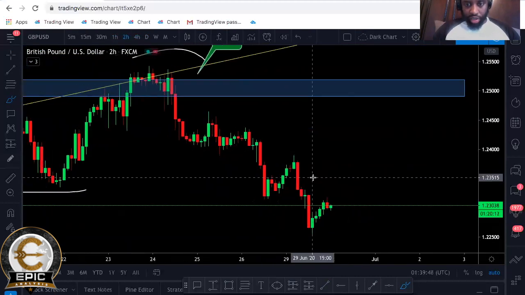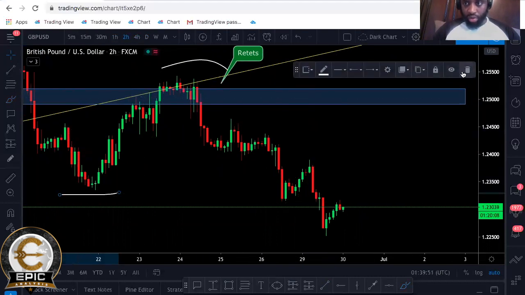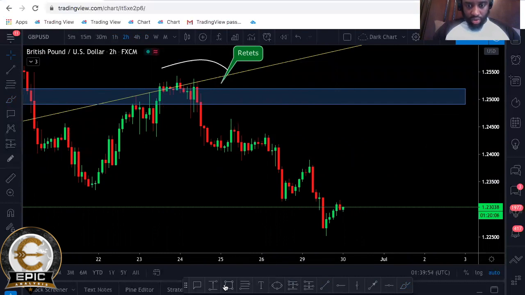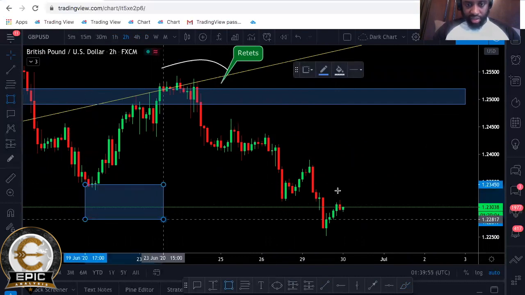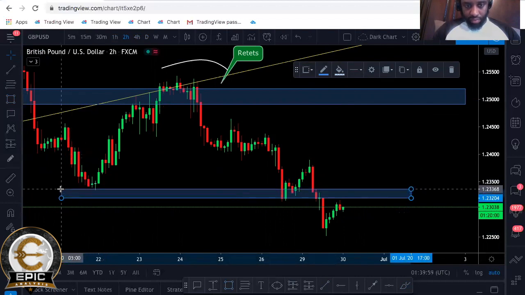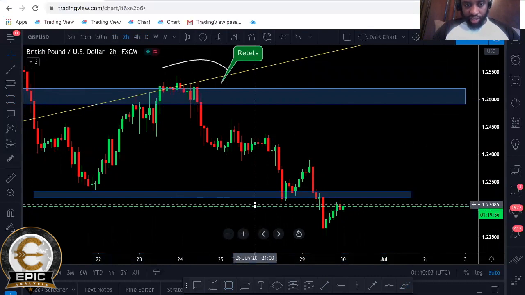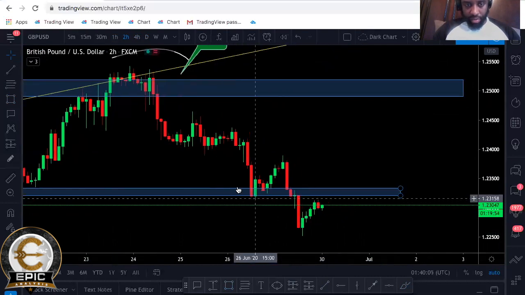So looking at this now, price just broke support, giving us a lower low. I would look for some type of retest in this area where it's at now, in this structure area.